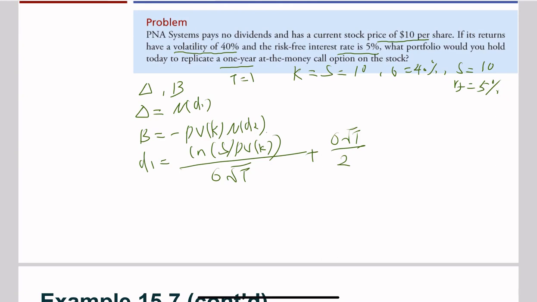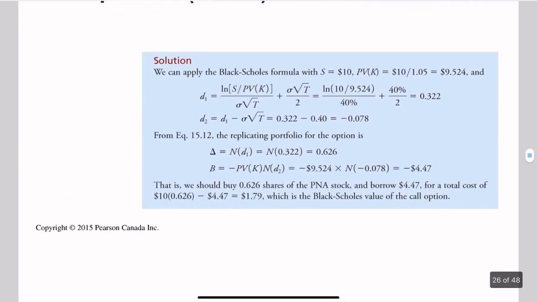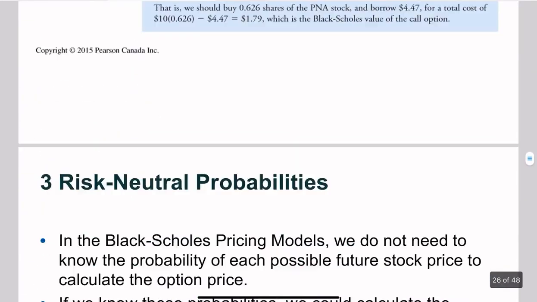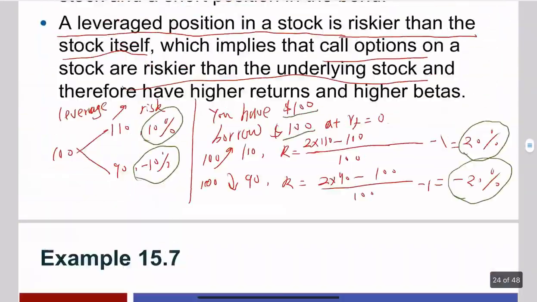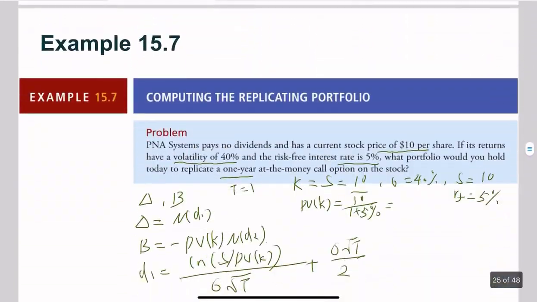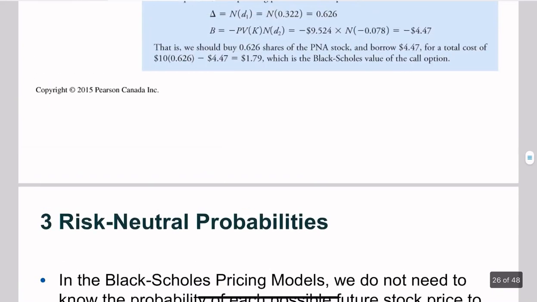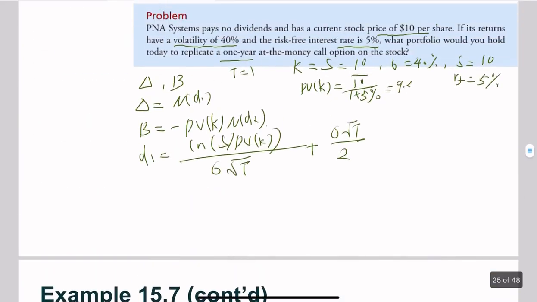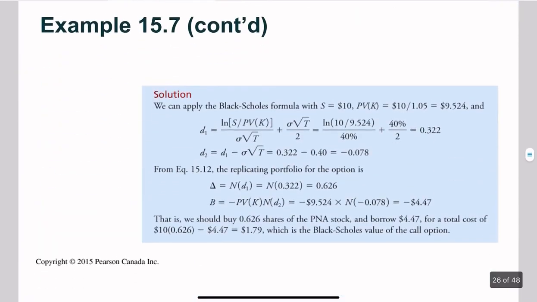Well, PVK is easy, right? Because K equals 10, and we have this risk-free rate, and it is just 1 year. So PVK would be 10 divided by 1 plus 5%, which should be 9.524.